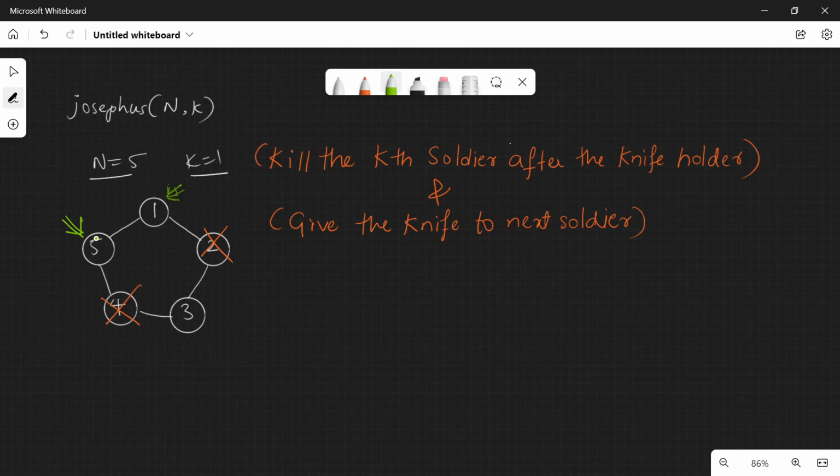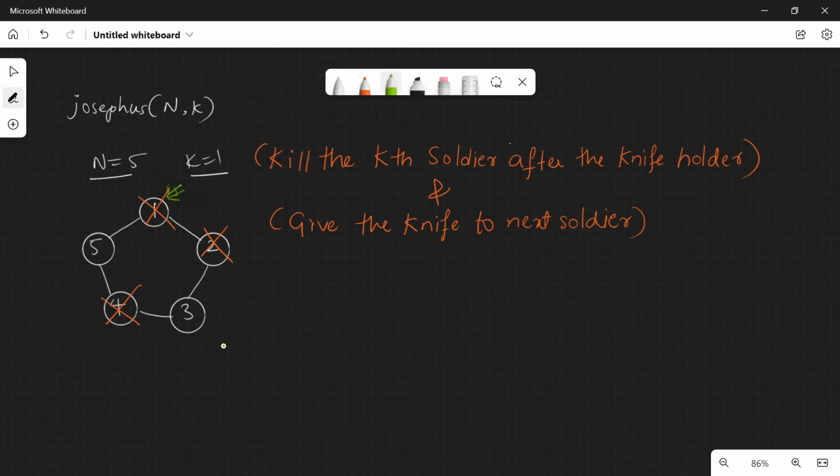So now 5 will also kill the kth soldier after him. K is given 1. 5 will kill the first soldier after him, who is 1. Now 1 is killed, and the knife will be passed to the next soldier who is alive, which is 3.